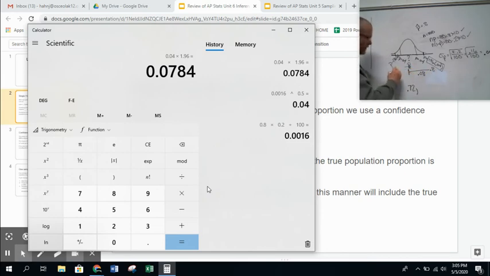Maybe my 0.8 lives over here. Then I have to go up 0.08, or 1.96 standard deviations, to capture that. So this is going to be 0.88. By doing that, now I can be 95% confident that I'm capturing the true population mean, because my 0.8 can be any one of these 95% of these dots, and I could still go capture the mean.